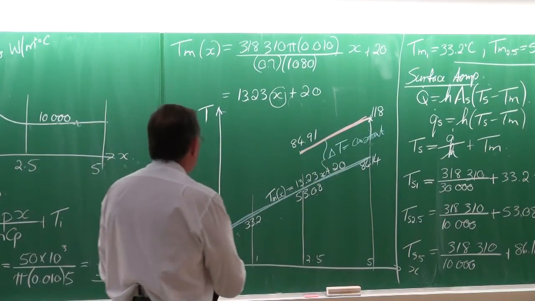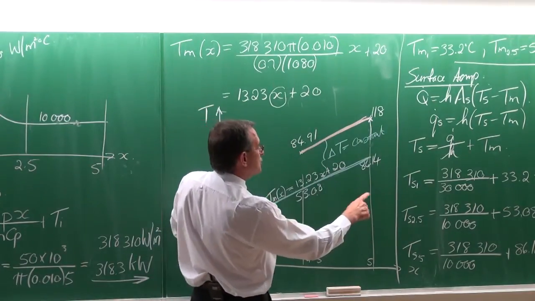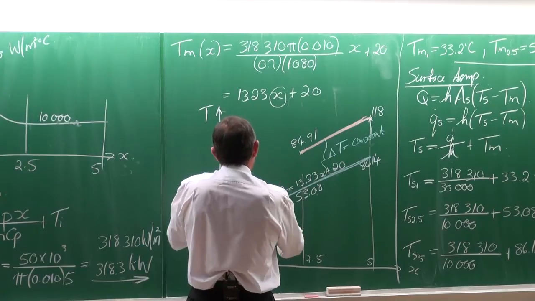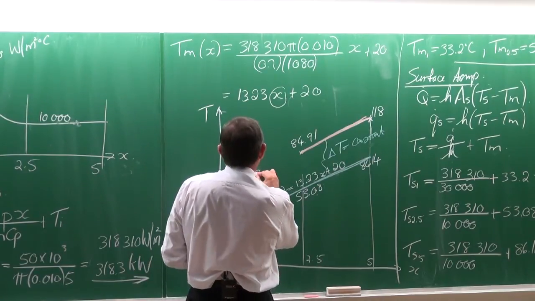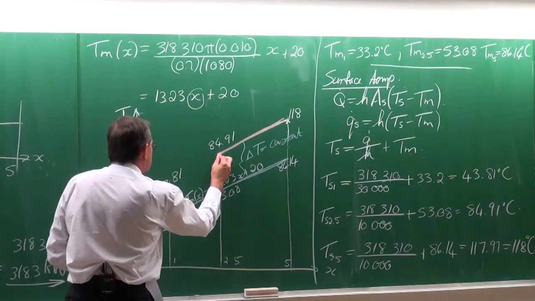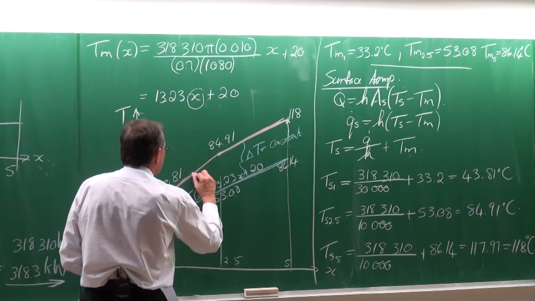Okay. Well, if we now go to this case here, the surface temperature is going to be 43.81. Okay. So what do we see is that the difference between the two lines becomes smaller.